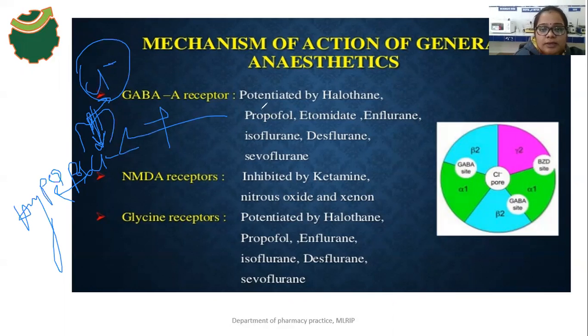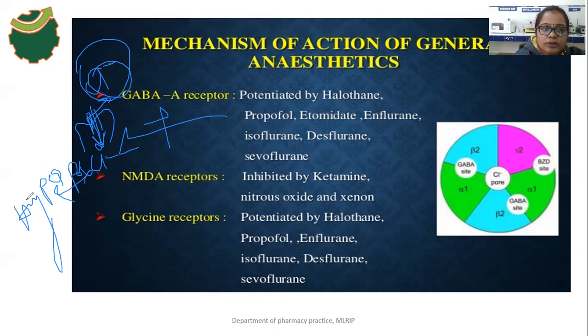Why? Because the inhalation anesthetics bind with GABA A receptors. GABA is an inhibitory neurotransmitter. This receptor acts like a ligand gated ion channel, and after inhalation anesthetics bind, there is an opening of the chloride ion channel and an influx of chloride ions.